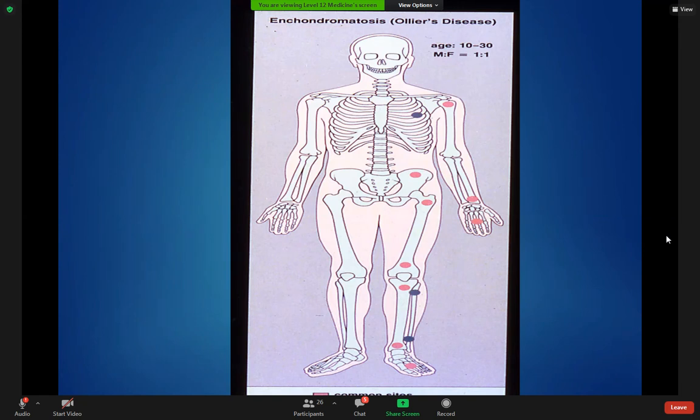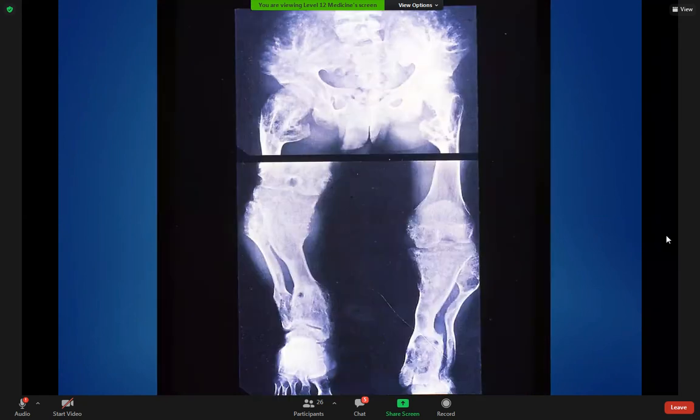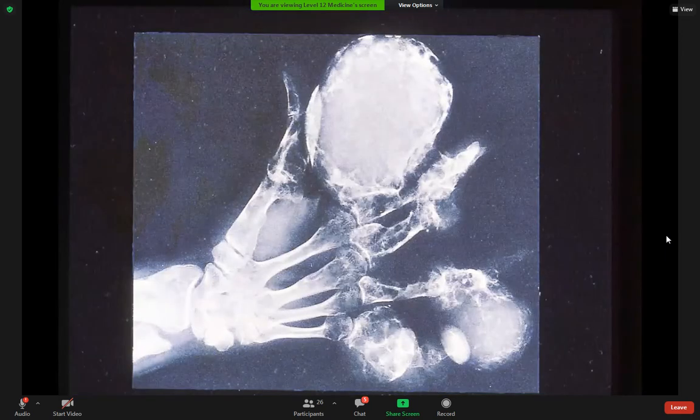As you can see, it can affect all the joints and the bone, and the patient is usually disabled. You can see the huge enchondromas in the fingers. Usually the patient requires debulking and amputations so they can at least function minimally.